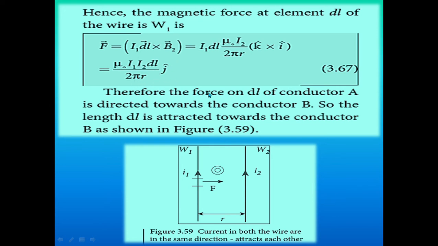Therefore, the force on dl of the conductor A is directed towards the conductor B. So the length dl is attracted towards the conductor B, as shown in the figure.